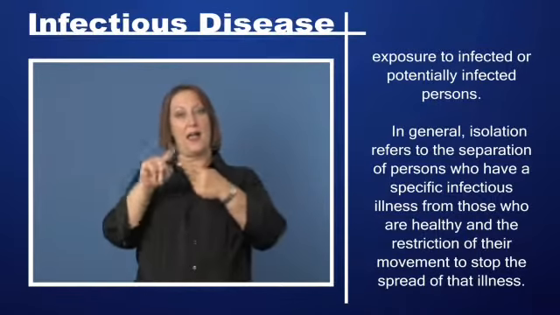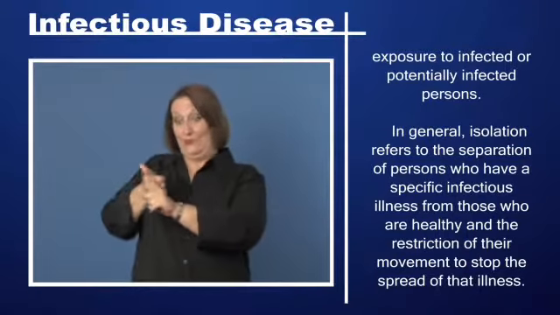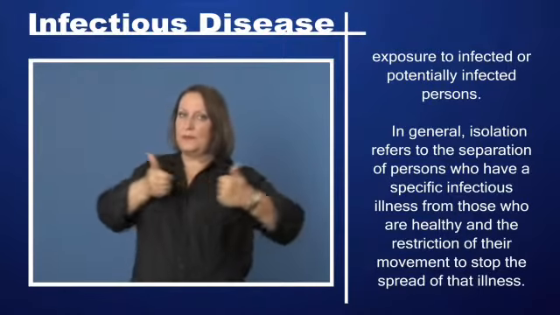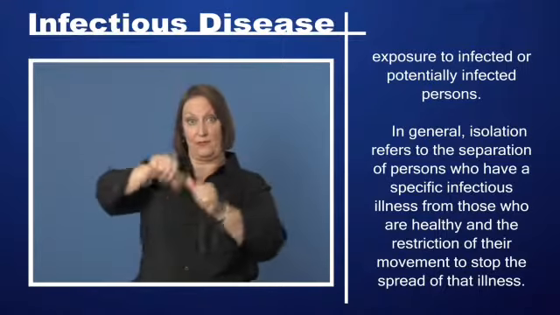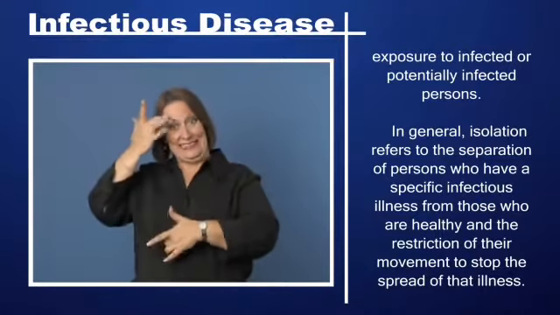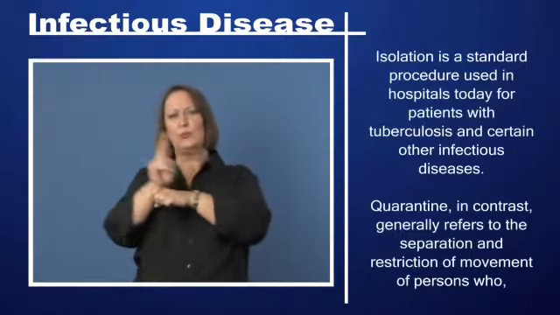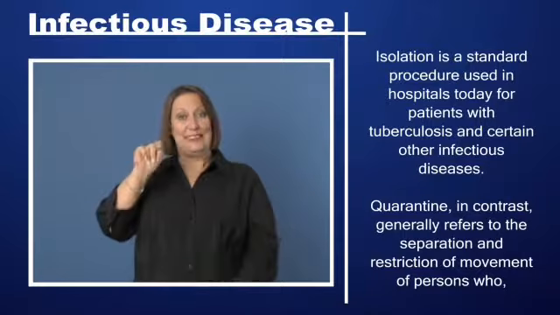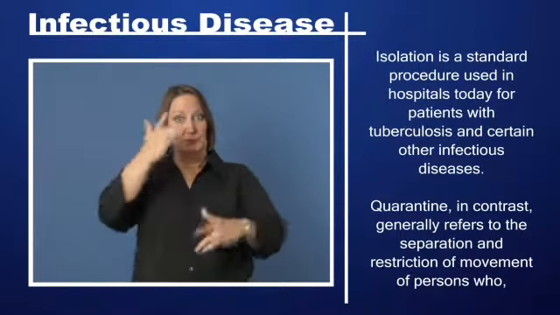In general, isolation refers to the separation of persons who have a specific infectious illness from those who are healthy, and the restriction of their movement to stop the spread of that illness. Isolation is a standard procedure used in hospitals today for patients with tuberculosis and certain other infectious diseases.